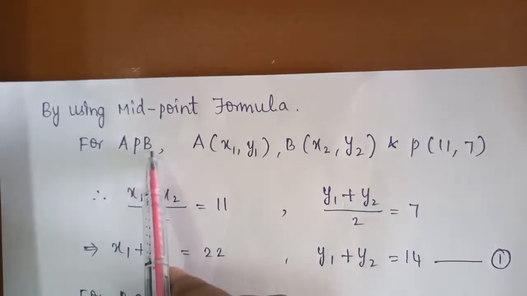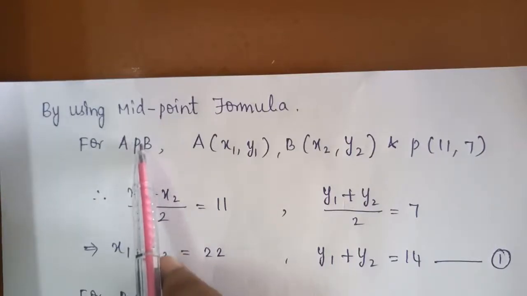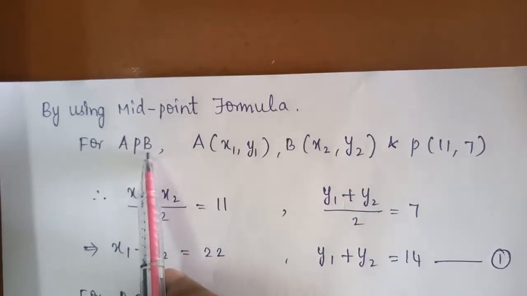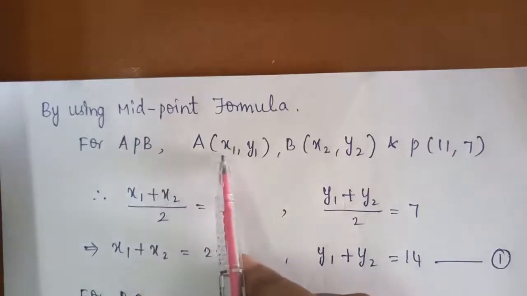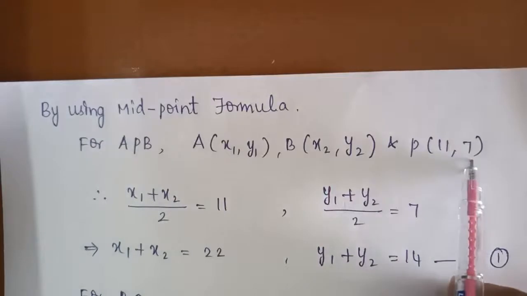A and B are the vertices and P is the midpoint of AB. We know the point P, but we don't know the points A and B. So A(x1, y1), B(x2, y2) and P(11, 7).